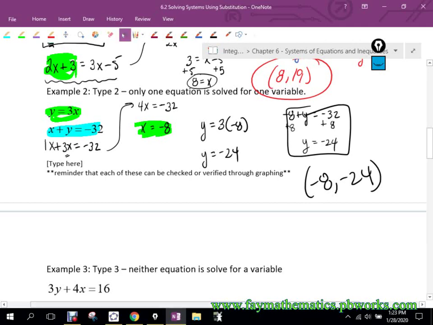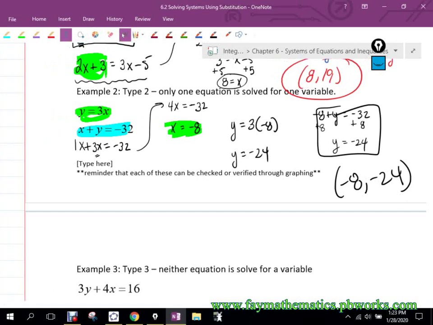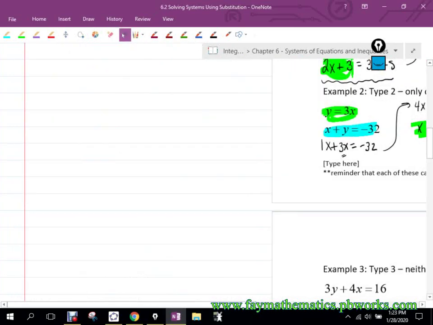Now, just kind of watch here. You don't have to write this one down. I'm going to do the same problem, but I'm going to choose to do it a different way. Would you guys agree that I could solve this equation for, let's solve it for x?